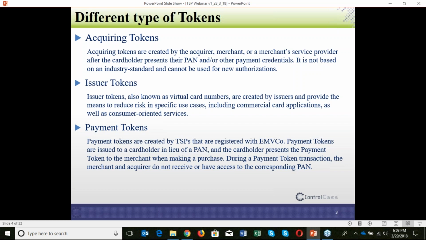EMVCo is mainly formed by the six payment brands together, forming the EMV body. There are acquirers, merchants, as well as other stakeholders involved here. And the token is in replacement of PAN. So it is all controlled by EMVCo, where the BINs are issued and for the payment token process going forward.